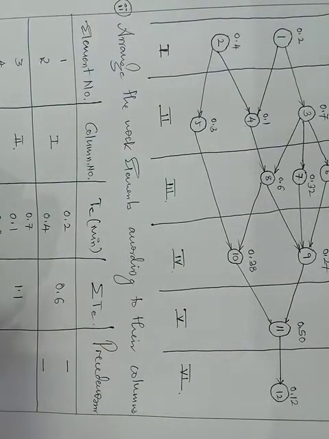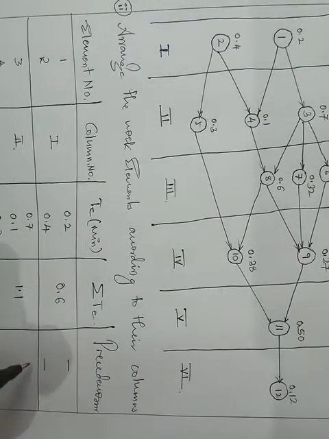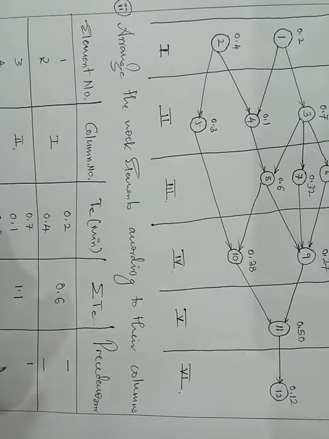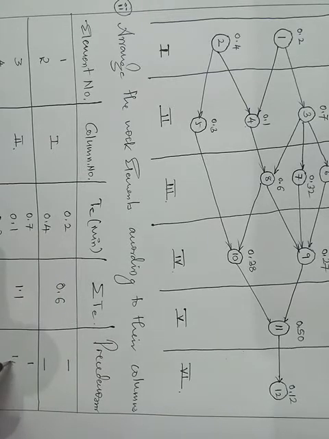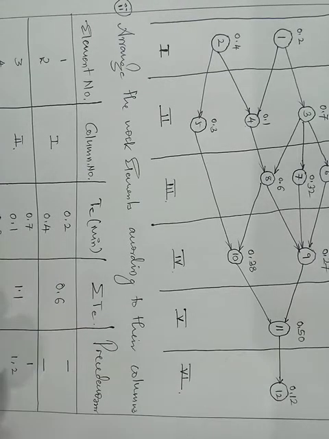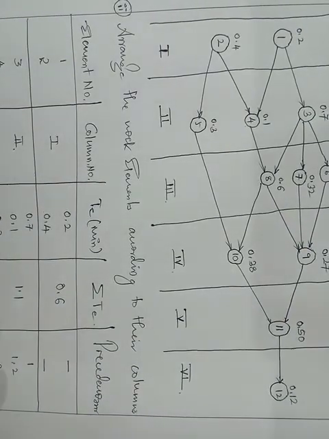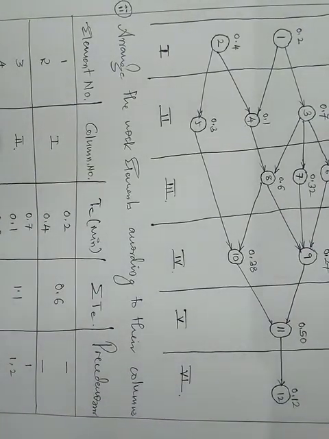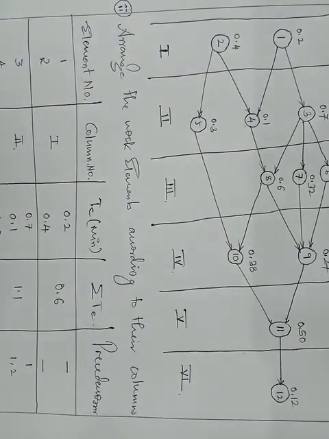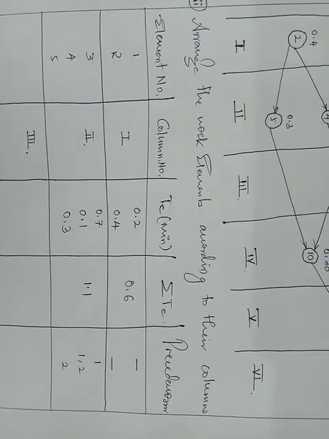For 3 it is 1, for 4 it is 1 and 2, and for 5 it is 2. Once again close this, go for column 3.